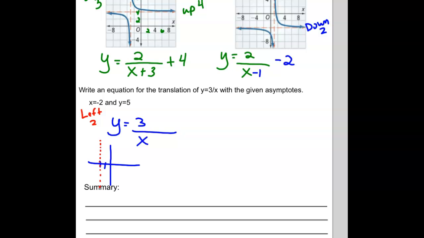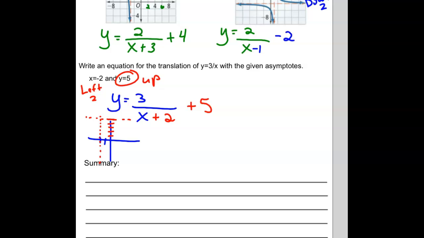So we need to plug a -2 in for our h value. To move left 2, if we subtract a -2, ends up being x plus 2. Y equals 5 means that we have moved up 5. So we would need to have a +5 on the end to shift our graph up 5.